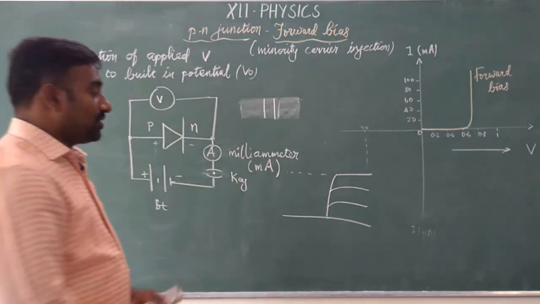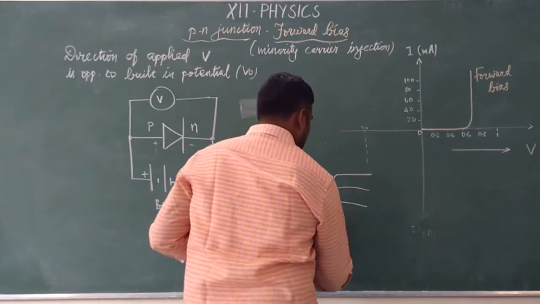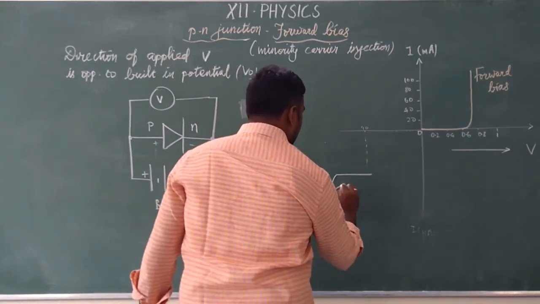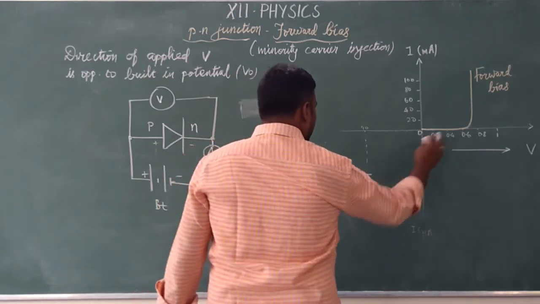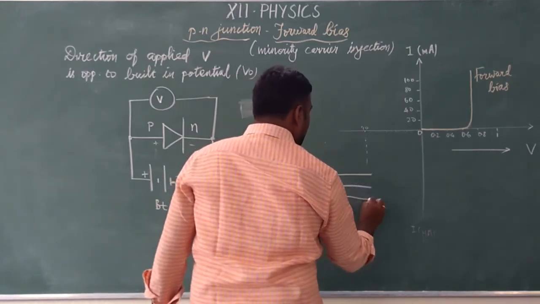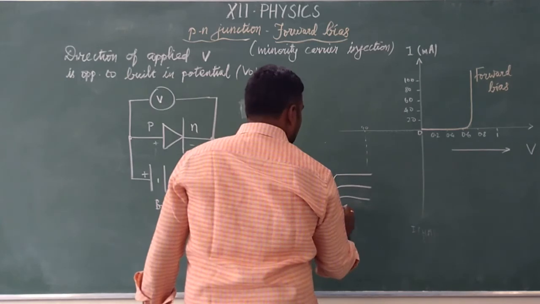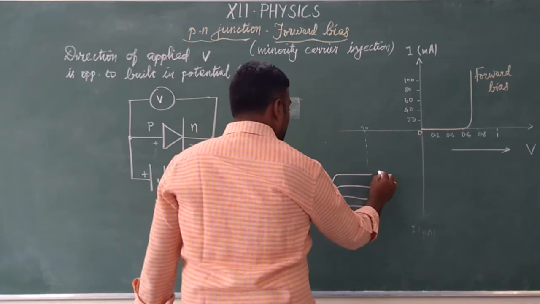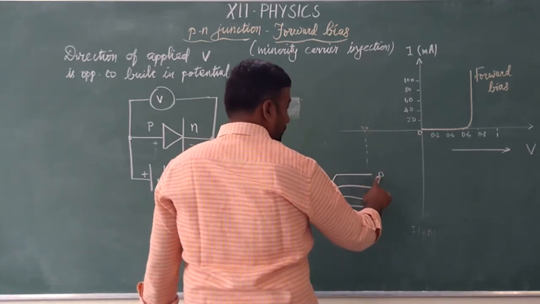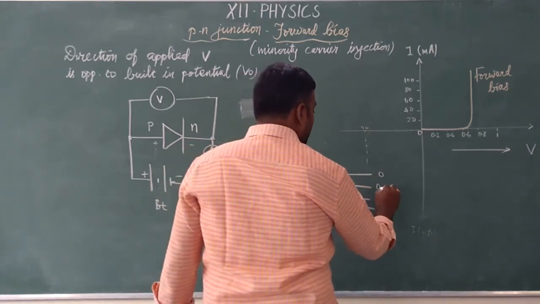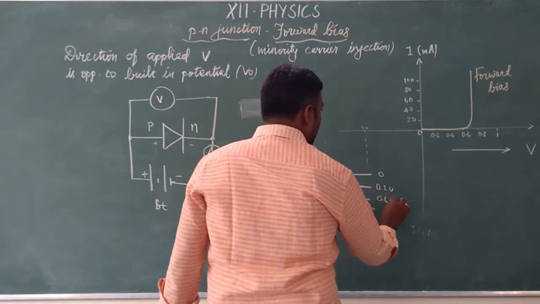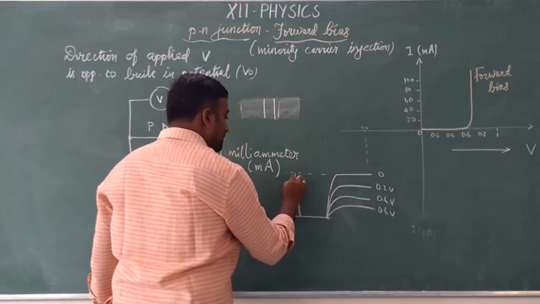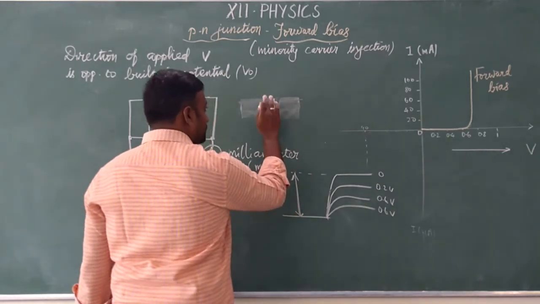Likewise, this is for 4, this is for 6 and this is for 7. So: no applied potential, and 0.2 volt, 0.4 volt, 0.6 volt. You can notice that the width is gradually reduced.